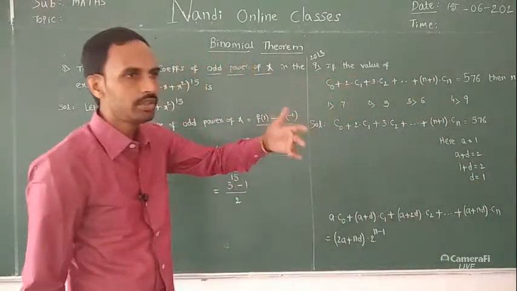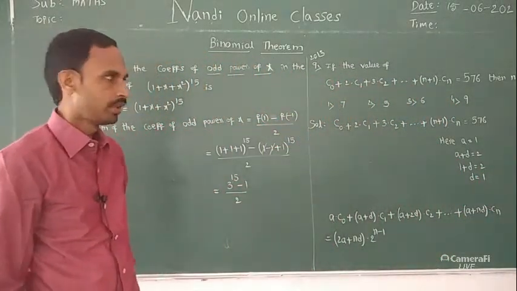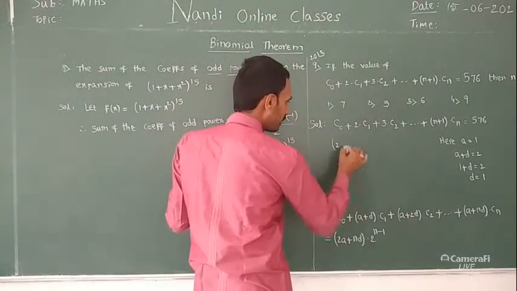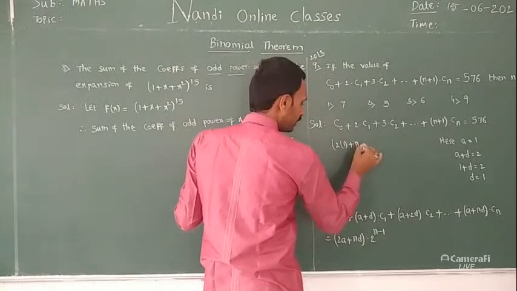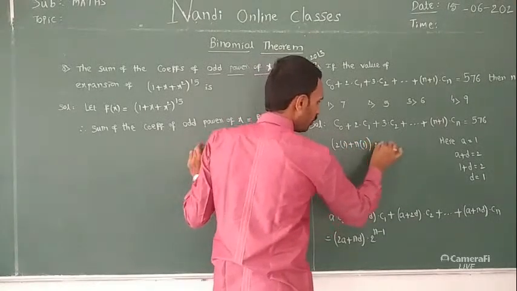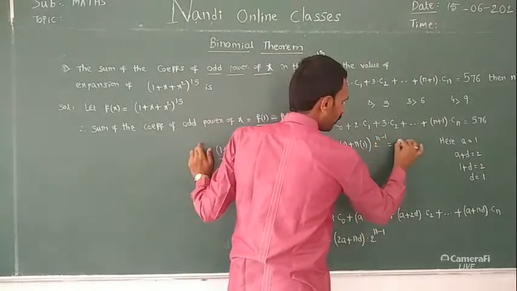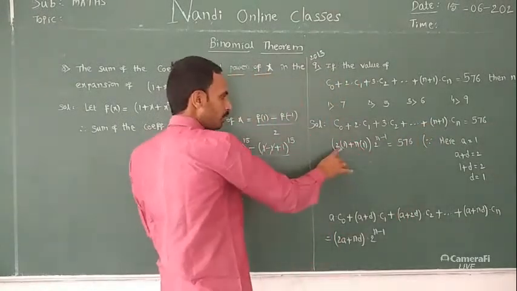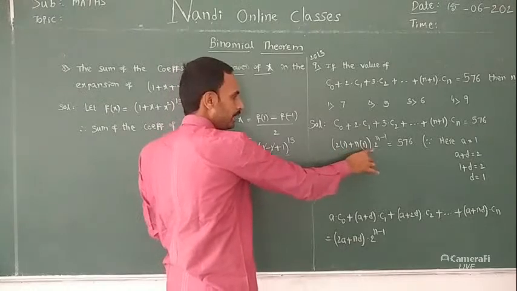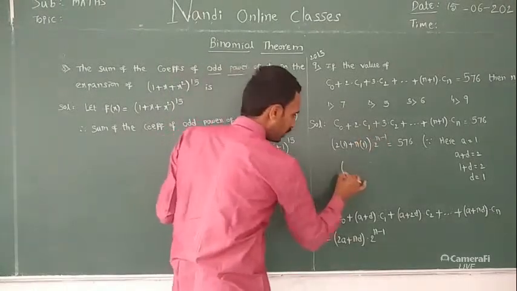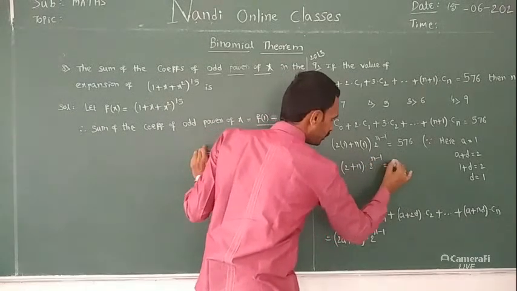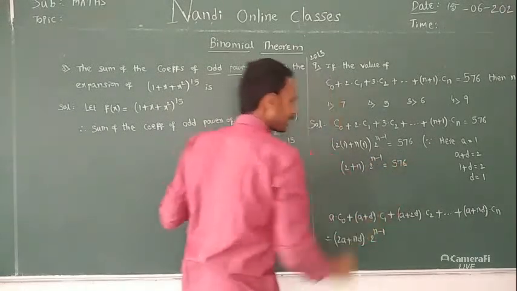So the A value is 1, the D value is 1. Left hand side formula 2A, A means 1, plus n, D means 1, into 2 power n minus 1 is equal to 576. So 2 plus n into 2 power n minus 1 is equal to 576.